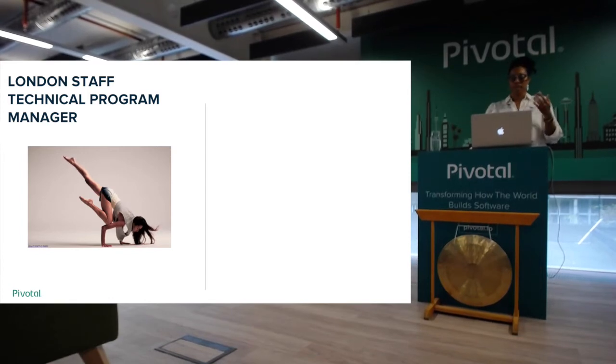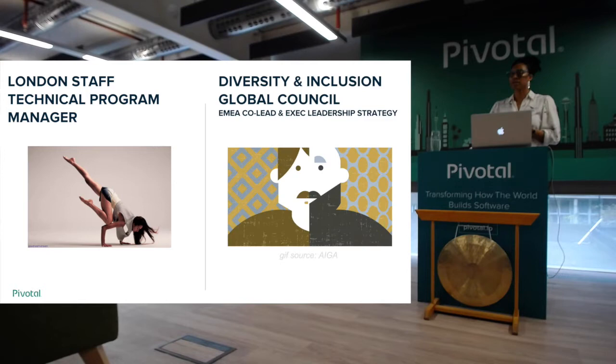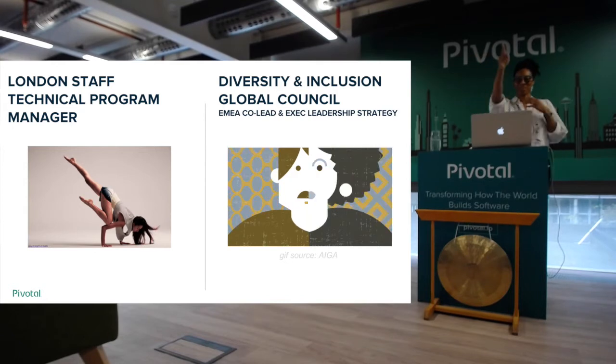And yeah, the other half or portion of what I do is I'm on the Diversity and Inclusion Global Council. So I help to co-lead EMEA just because we only have 2 people in EMEA on the council. Papa's right there, that's my partner. And more specifically though, I work with the Executive Leadership Strategy team.